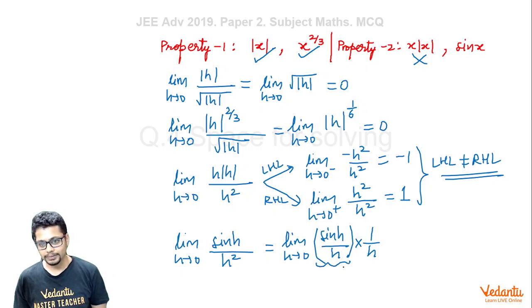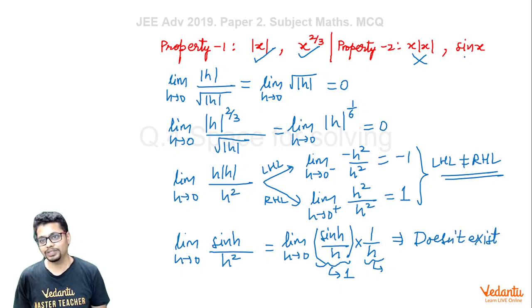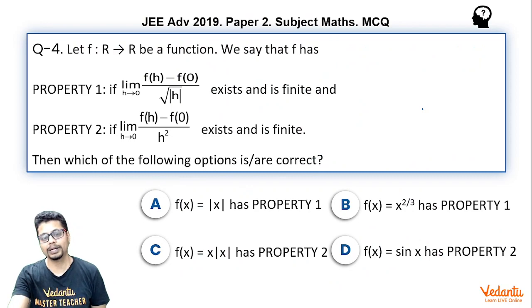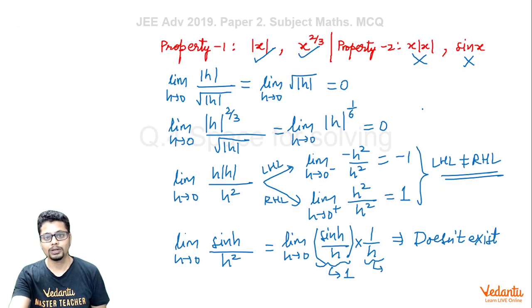On one hand this expression will tend to 1, and this other expression would go to infinity or minus infinity depending on whether we are talking about the right hand limit or left hand limit. So essentially the limiting value doesn't exist. So even this function sin x does not have property 2. That means options A and B would be correct, C and D would be wrong.